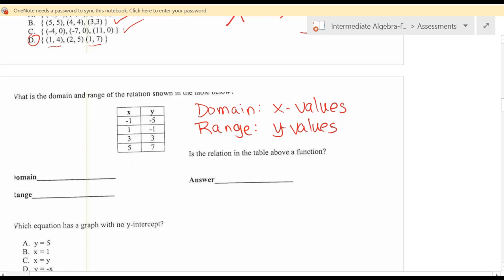And we're only talking about the table of numbers, so our domain is -1, 1, 3, and 5, and our range would be -5, -1, 3, and 7. And it says, is the relation in the table above a function? So does every x have only one y? And the answer would be yes.